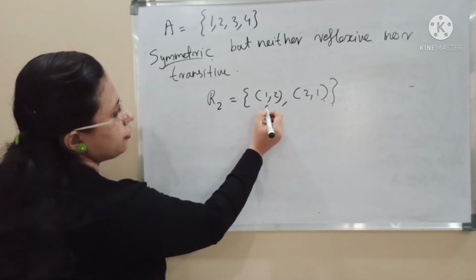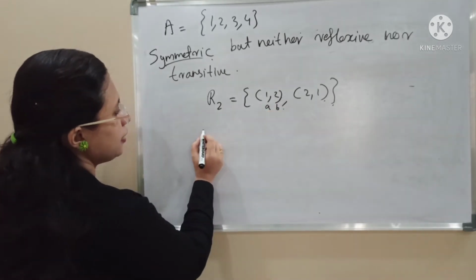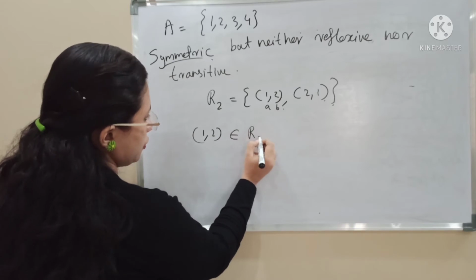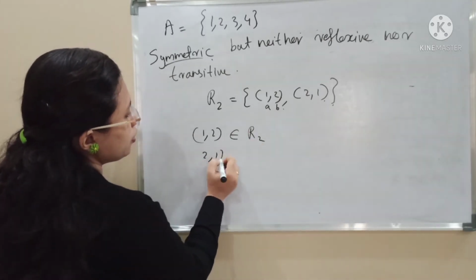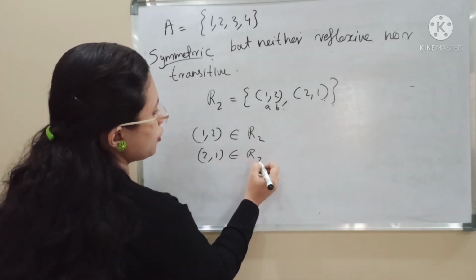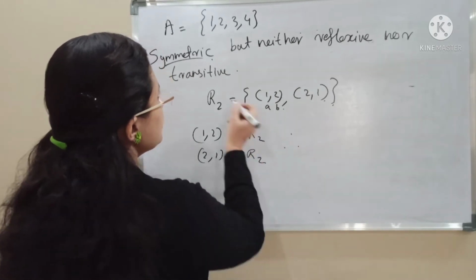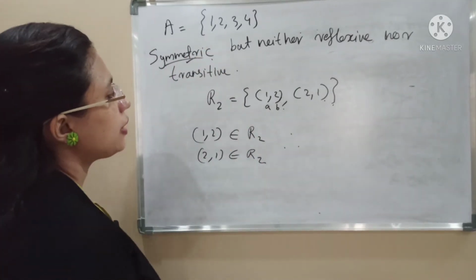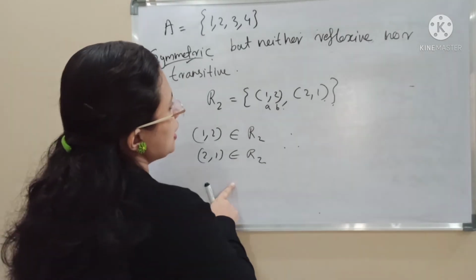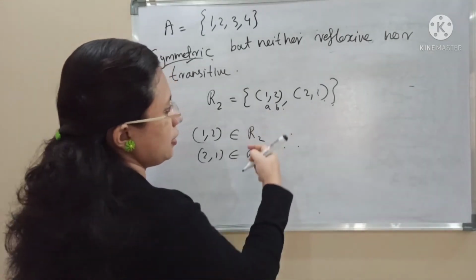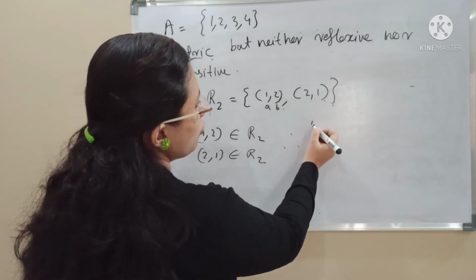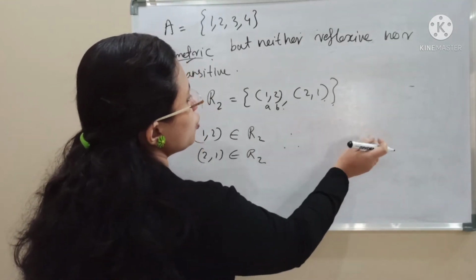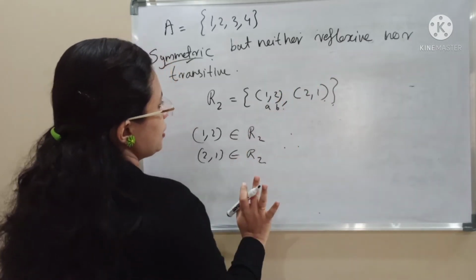Here (1,2) belongs to R2, and (2,1) also belongs to R2, therefore it is symmetric. And we can say it is not reflexive, right? Are there any (1,1) or (2,2) here? No. So it is not reflexive.